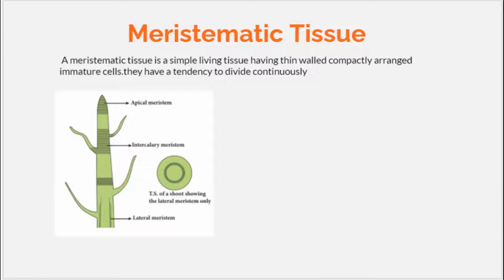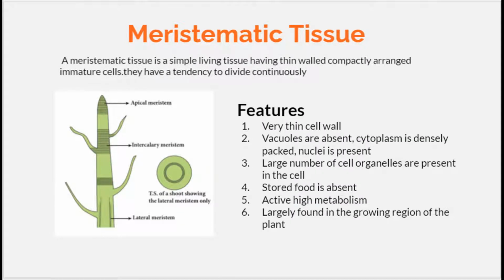The main features of these tissues are: number one, they have a very thin cell wall. The intercellular spaces are very few or absent. That means, as I have told in the definition that the cells are compactly placed, the gap between the cells is very less or absent.